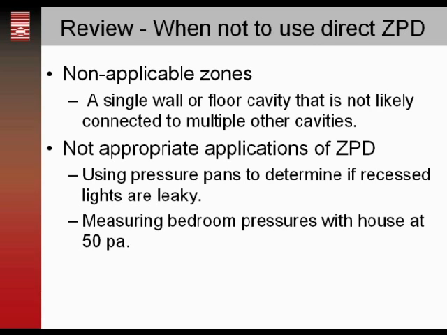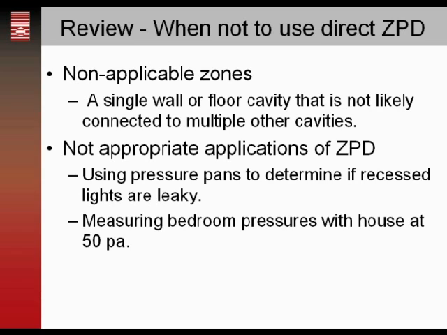Not appropriate applications of zone pressure diagnostics: using pressure pans to determine if recessed lights are leaky. When you're using a pressure pan for zone pressure diagnostics, you're creating an additional zone, and that zone is the zone inside the pressure pan. And you're pushing that pressure pan against the wall cavity or ceiling cavity, in this instance if you're measuring a recessed light.